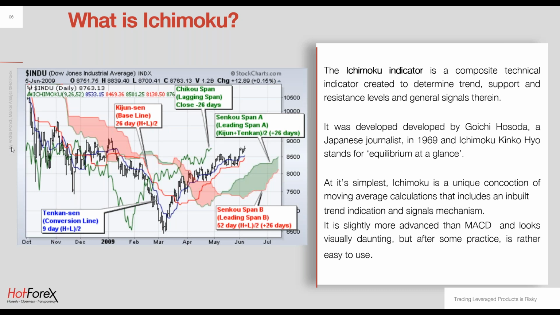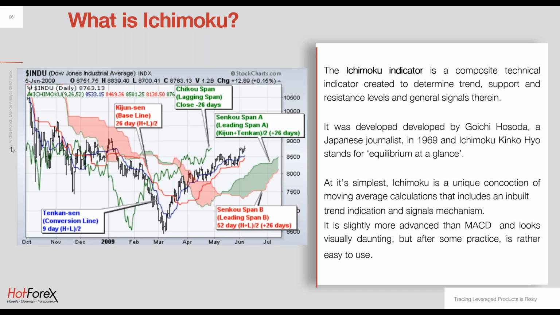On an hourly chart it will be the 26-hour high plus the 26-hour low over 2. On a daily basis, it will be the 26-day high plus the 26-day low over 2, and so forth. So it's the midpoint of the previous 26-session high-low range.